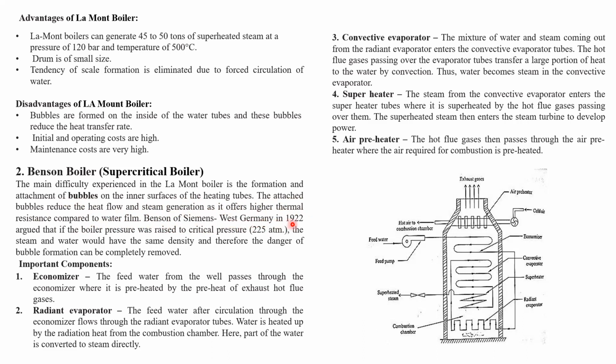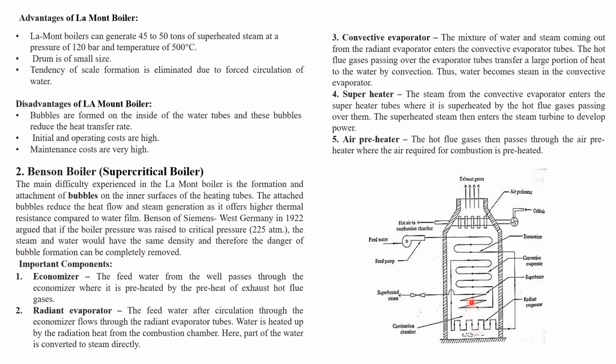A scientist from West Germany who found this in 1922 argued that if the boiler pressure was raised to the critical pressure of 225 atmosphere, the steam and water would have the same density, and therefore the danger of bubble formation could be completely removed. The components are the same again, just a little different. The superheater is in between the convective evaporator and the radiant evaporator.